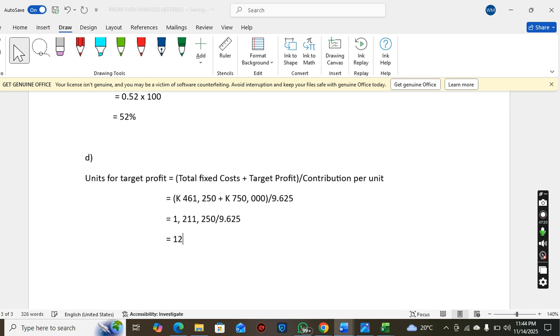So basically I have to produce 125,844 units. Okay.